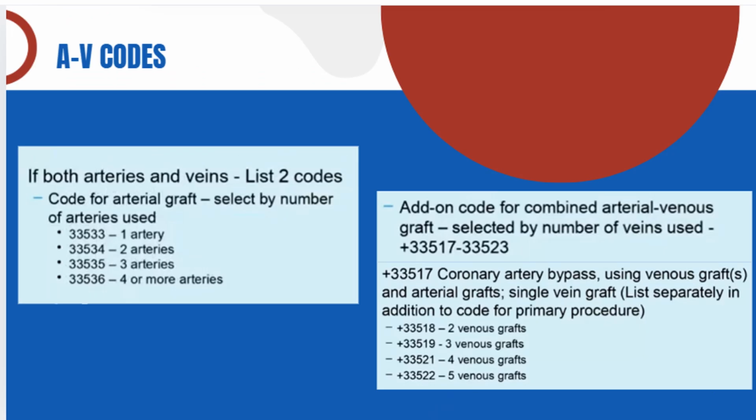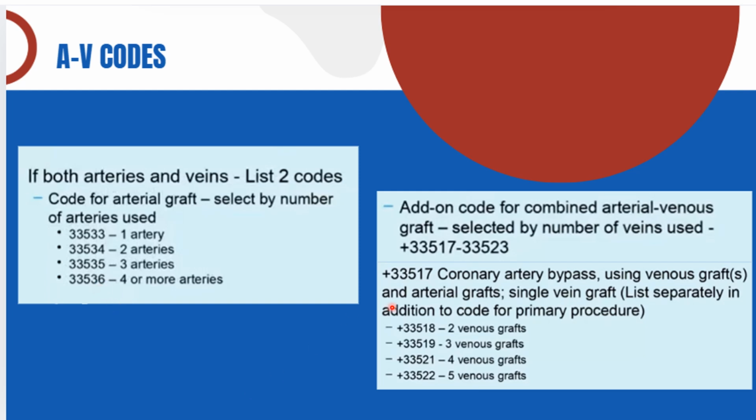Now this is a very important slide, so I want your complete attention. Now we are coding for the AV graft. These are the combined grafts. Combined graft means we are using an artery as well as a vein graft. In this case, for the arterial part, we use the codes 33533 to 33536, which we have seen earlier for the arterial graft.